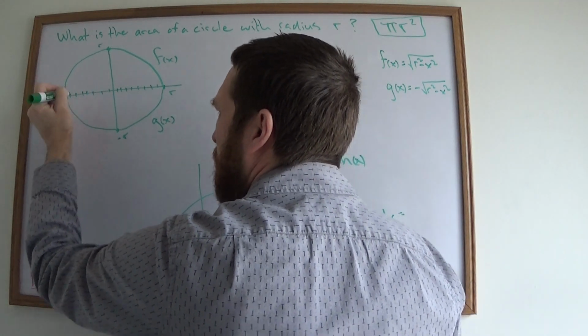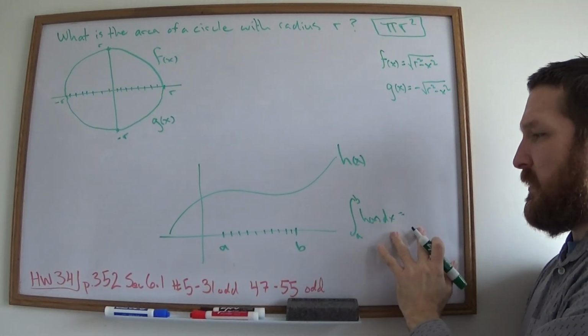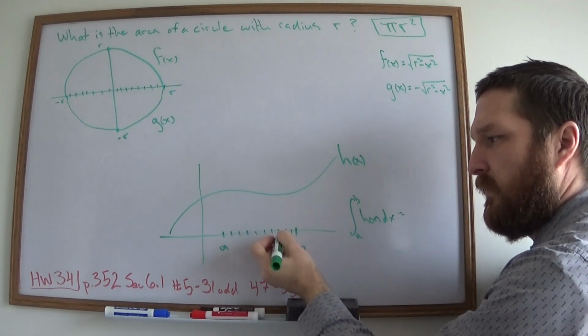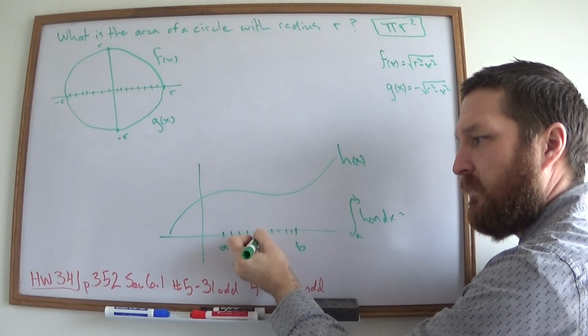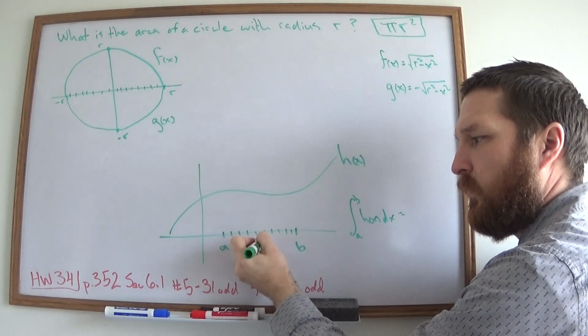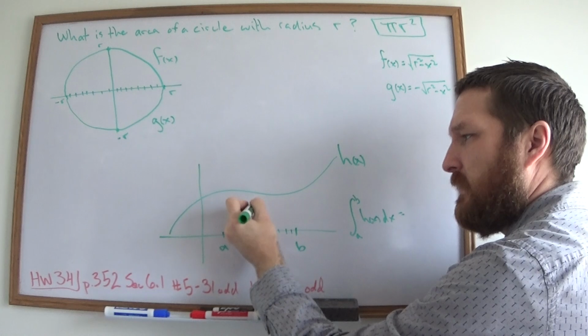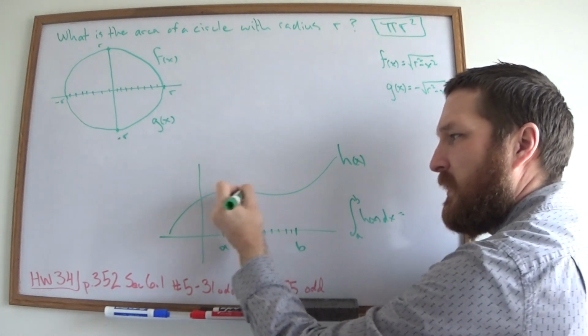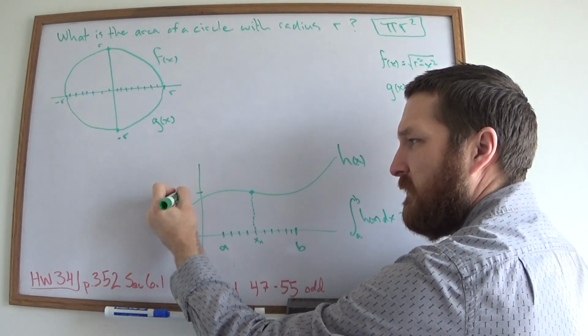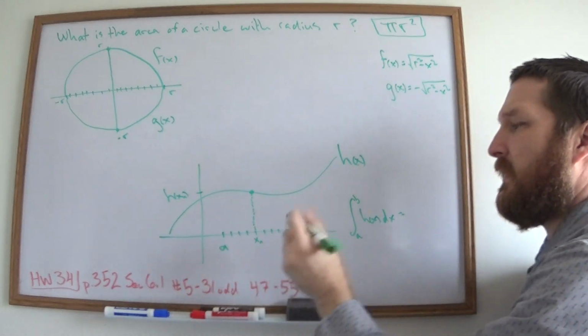Okay, now, no different than what we did, we found the heights for each one of these. We could say here's some general one, say x_n, and that height is this value right here. It turns out to be h of x_n.